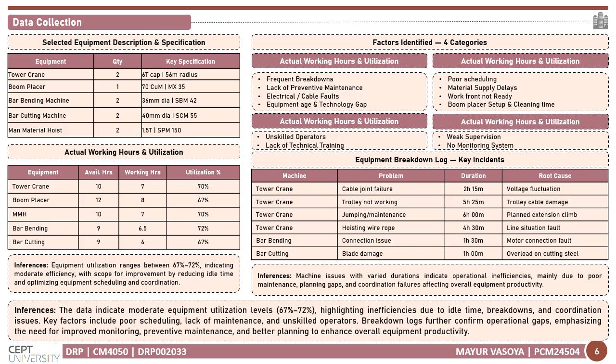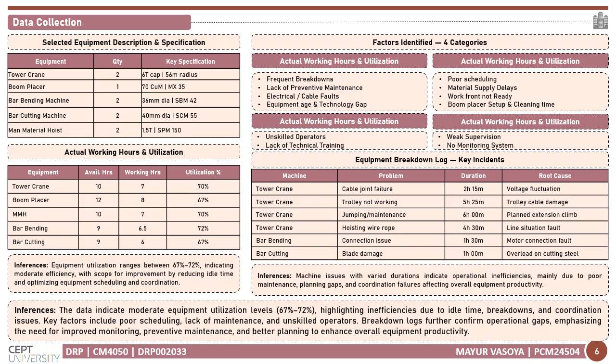These issues reduce productivity even when the equipment itself is functional. And operator related issues include unskilled operators and lack of technical training. And monitoring related issues include weak supervision and absence of a proper monitoring system. If equipment performance is not tracked regularly, idle time remains high and corrective action gets delayed.